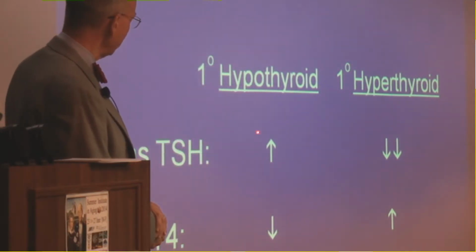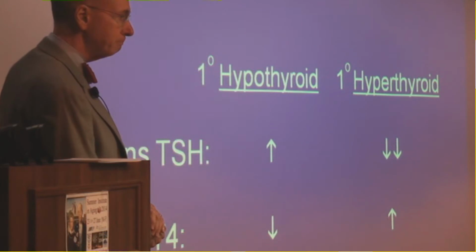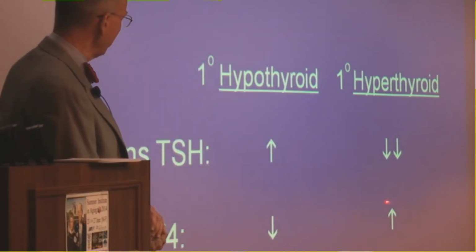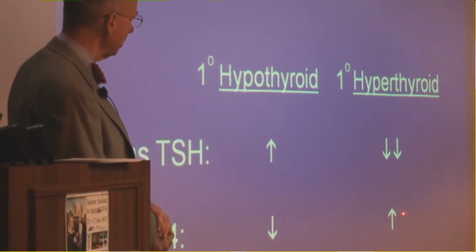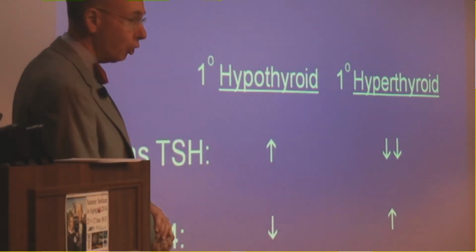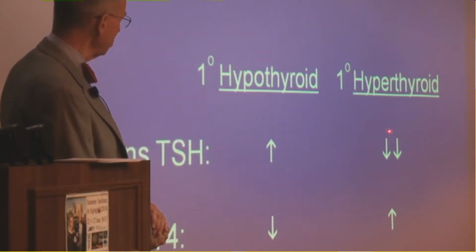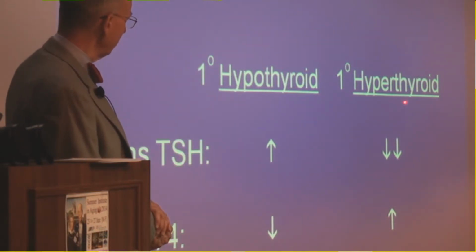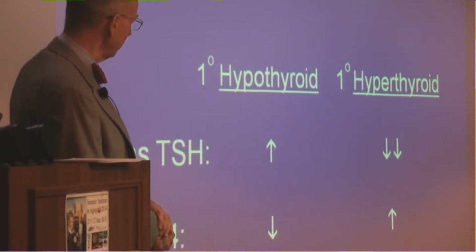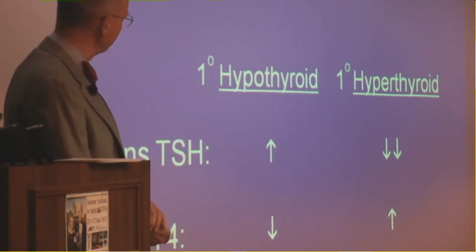It's doing a lot, but the thyroid's still not producing that much hormone, so maybe you're hypothyroid. Same thing with hyperthyroid. Maybe your thyroid itself is making tons and tons of thyroid hormone, trying to shut down that pituitary from making TSH. Maybe you've got something in your thyroid that's causing it to work overtime.